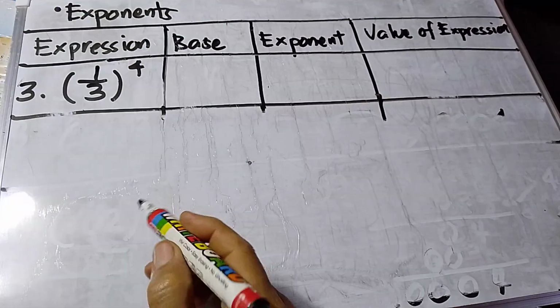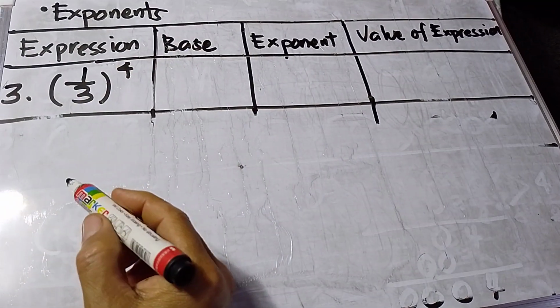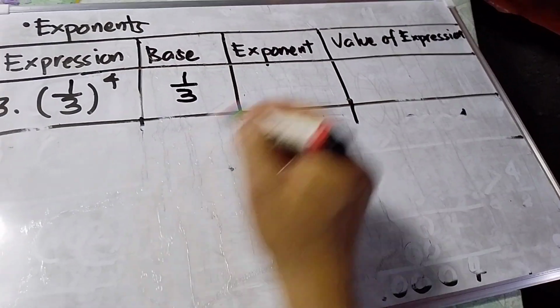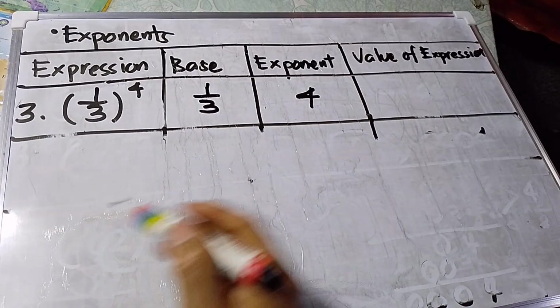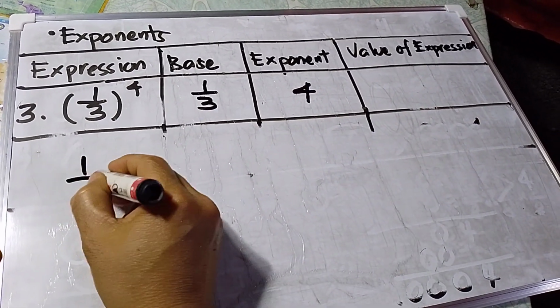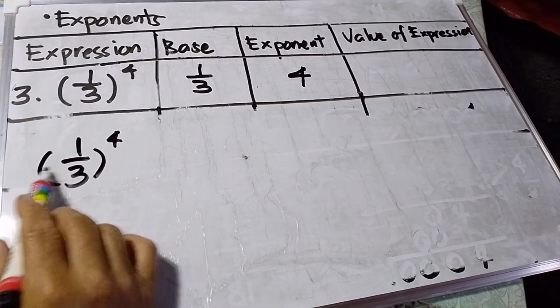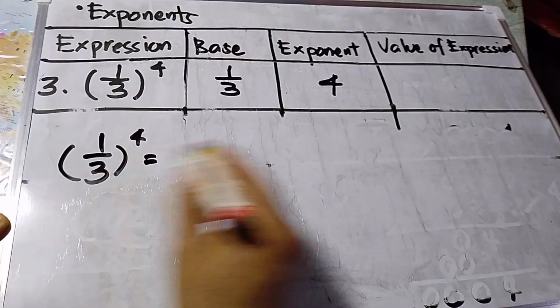So 1/3 to the power of 4. So the question was the base for number 3. The base is 1/3. It's a fraction. And then what's the exponent? It is 4. What is the value of expression? So 1/3 to the power of 4. Since we didn't have a negative sign in here, so meaning no problem about the signs.